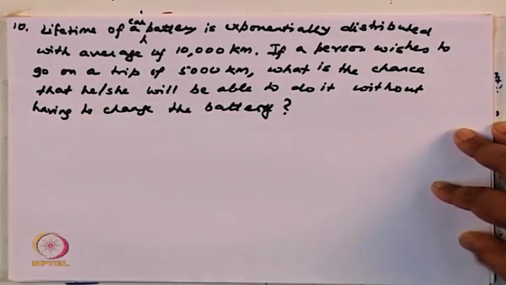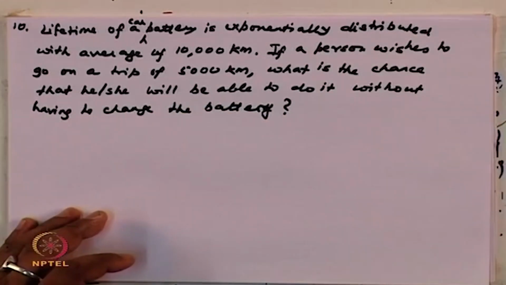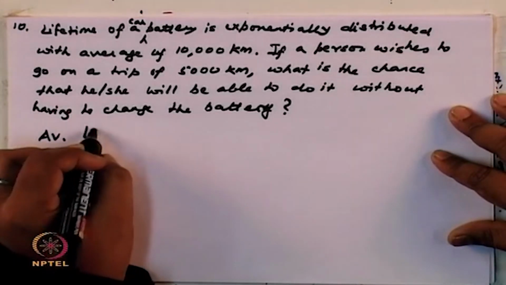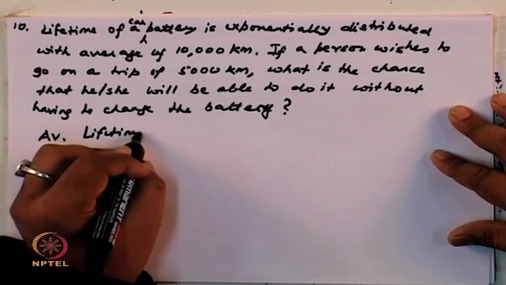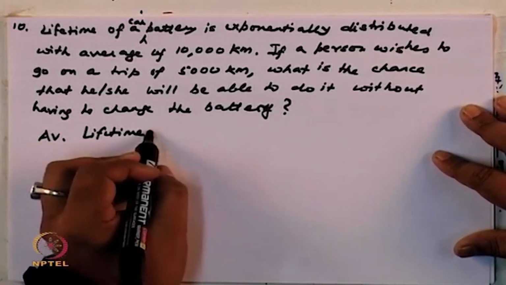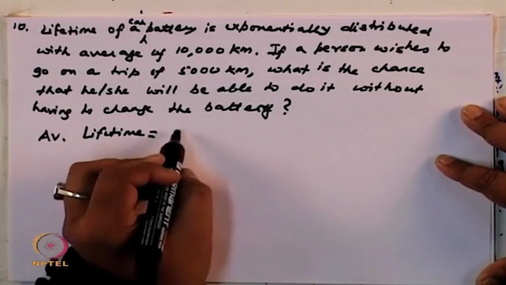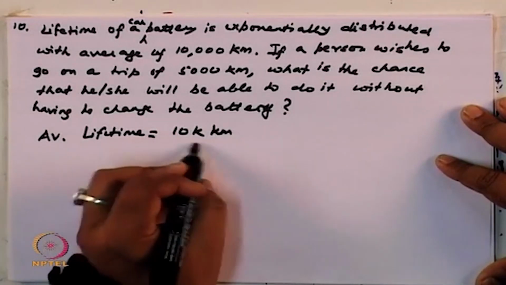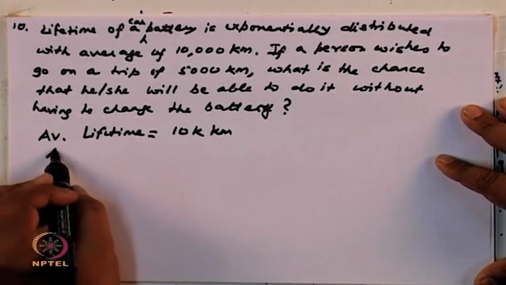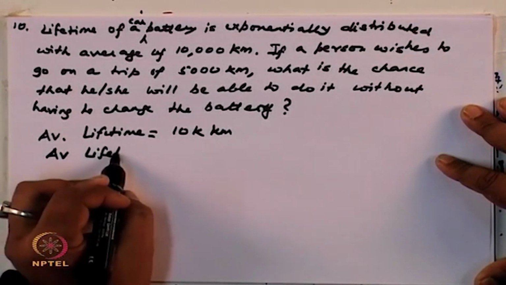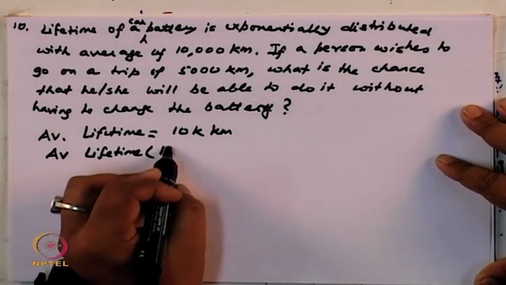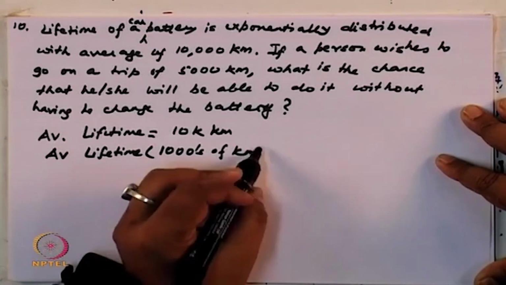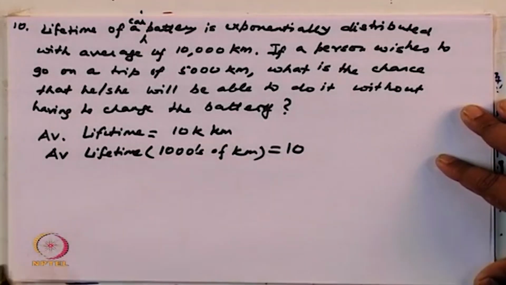What you are given is the average lifetime. If I put the average lifetime in units of thousands of kilometers, my average lifetime is 10.